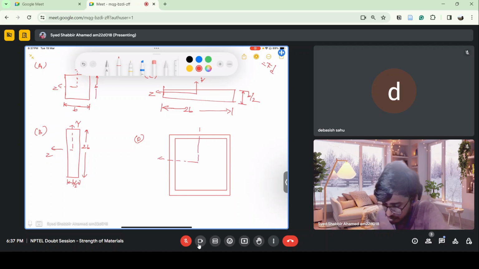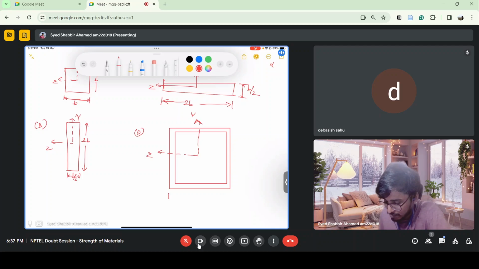Assume that the thickness is the same. I have not drawn it properly, but just see that the thickness of the walls of the box is the same. This is 3.